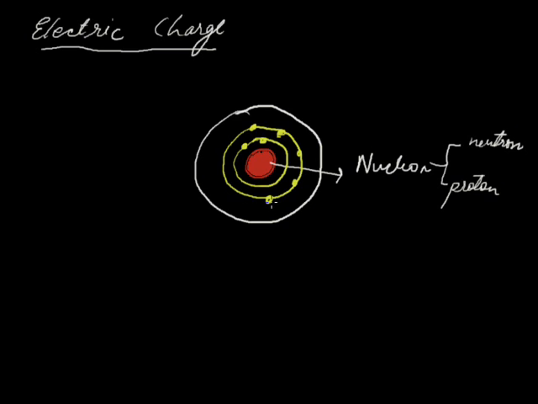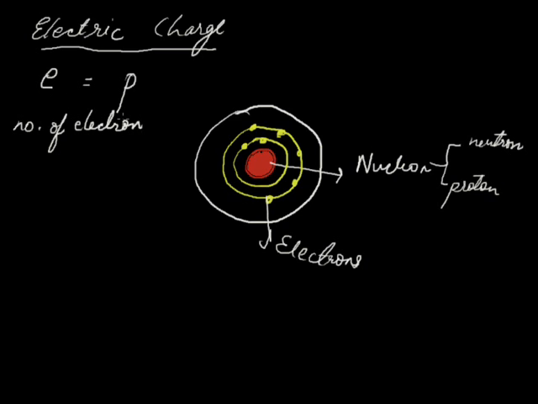So we say that electrons and protons are opposite charges, but the magnitude of charge on an electron is equal to the charge on a proton. That's why when an atom is considered, there are equal numbers of electrons and protons.